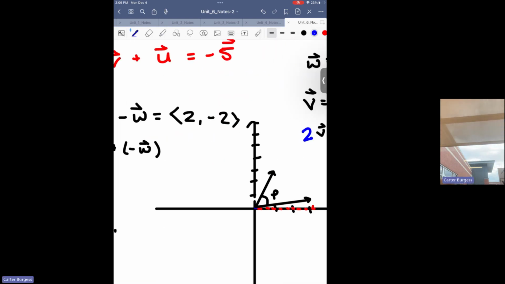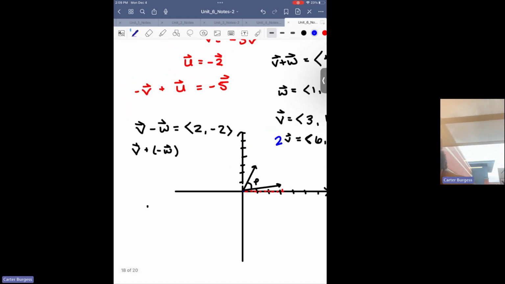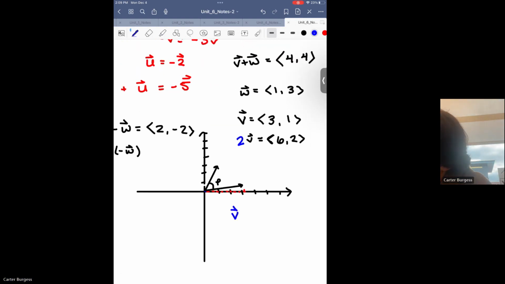So for instance, if we wanted to take the dot product of v and w, like we have here, v dot w would be, well, A in this case is 3 and 1, so 3 times 1, plus B is 1 times 3.